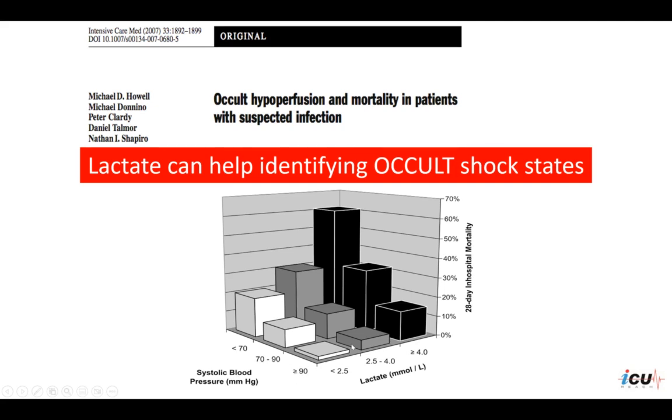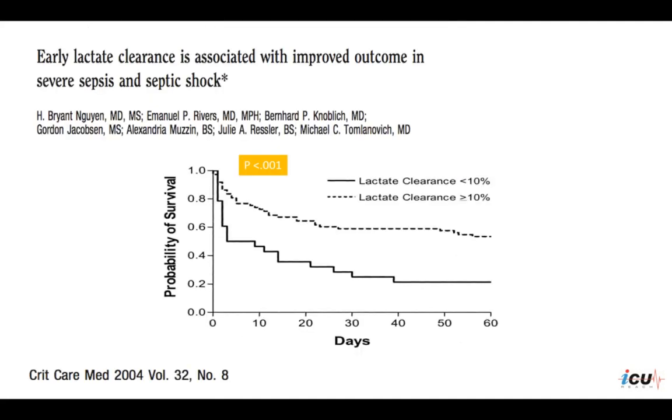However, if you take a look at the mortality, you can see the mortality is higher in those patients who have systolic blood pressure above 90 and lactic acidosis, indicating that those patients are in shock. However, the systolic blood pressure is more than 90, maybe relative to the baseline there's a drop in the systolic blood pressure. So you can use lactic acid as an indicator that your patient is not perfusing well, but you need to rule out any other condition that can cause lactic acidosis.